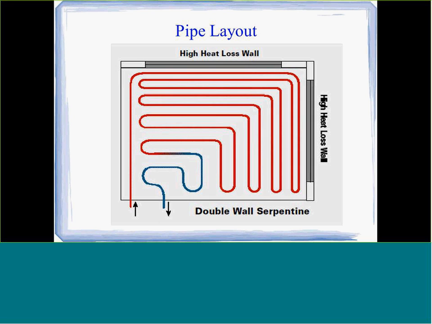Tubing layouts can get complicated if you've got a lot of outside walls, but the biggest thing is if you get the warmest water against the outside wall, follow your center-to-center distance back to the exit point, it's pretty hard to mess it up. And radiant floor is pretty forgiving, so if you make a mistake on the tubing layout, it will usually still heat. It's hard to make a system not work, so very forgiving.